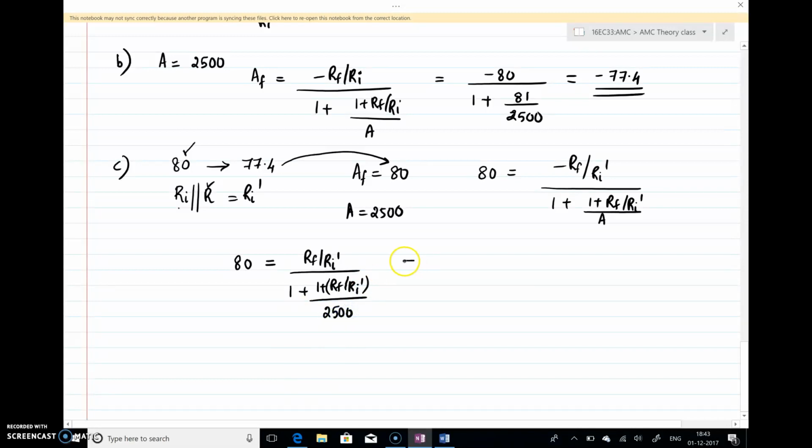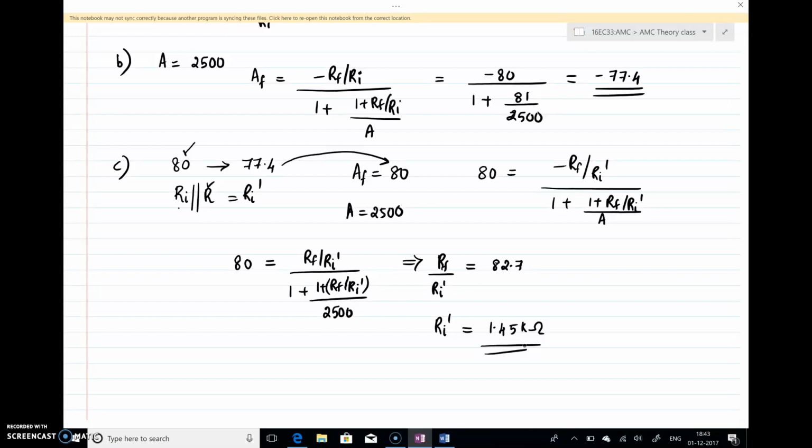You can solve this and get the value of Rf by Ri dash. I'll get some 82.7. And from that, you can find the value of Ri dash. The value of Ri dash is 1.45 kilo ohm.